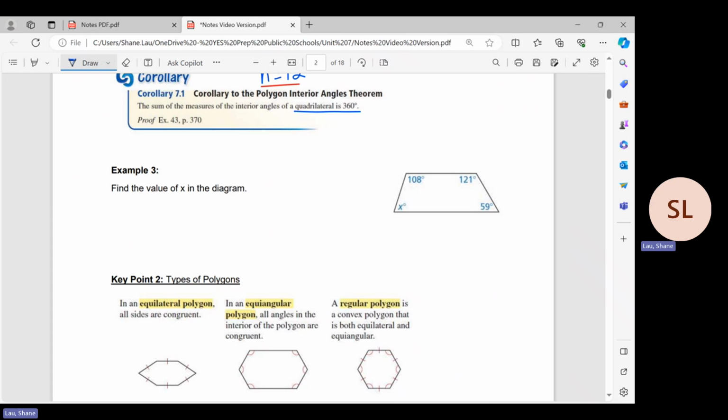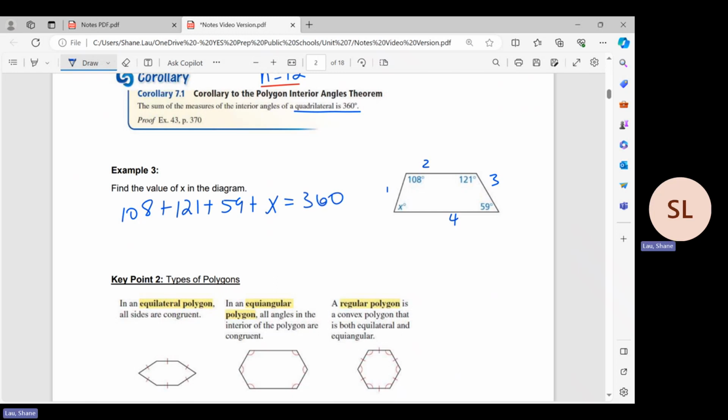Here we have example 3. Find the value of x in the diagram. We know that this is some sided figure. Let's count 1, 2, 3, and 4. So it's a quadrilateral, which we said quadrilaterals are 360 degrees. And we're looking for the value of x degrees. But we know 108 plus 121 plus 59 plus x is going to equal 360 degrees.